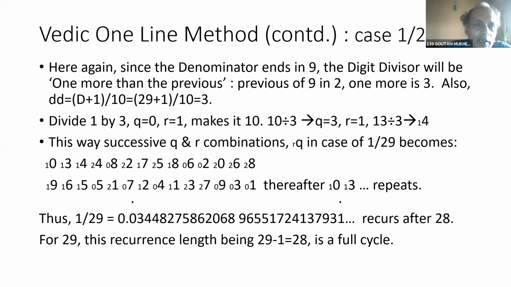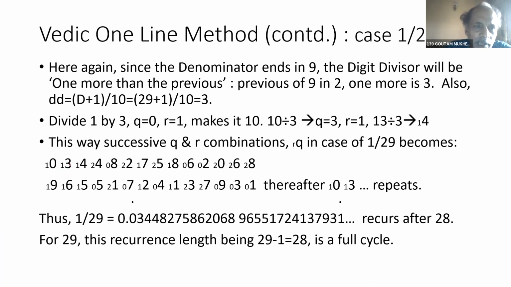Sorry, I started with 1 by 29. First it becomes 0 and 1 is the remainder. It becomes 10, which is divided by 3: the quotient is 3 and the remainder is 1.